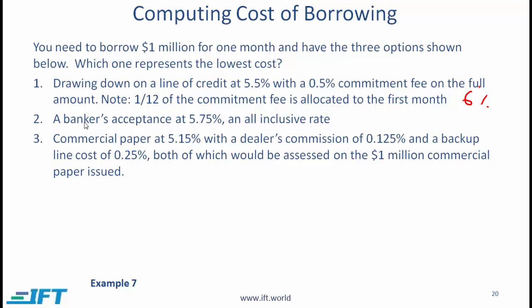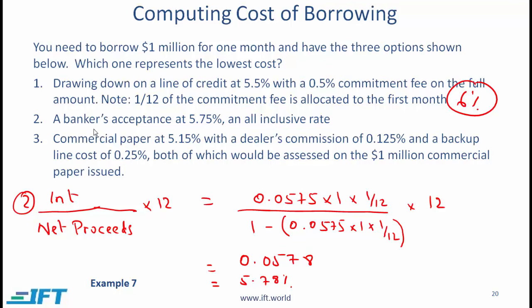Now let's look at the banker's acceptance. The second option is using a banker's acceptance where we have a 5.75% all-inclusive rate. You need to remember that a banker's acceptance is a discount instrument, which means that the interest is paid upfront.